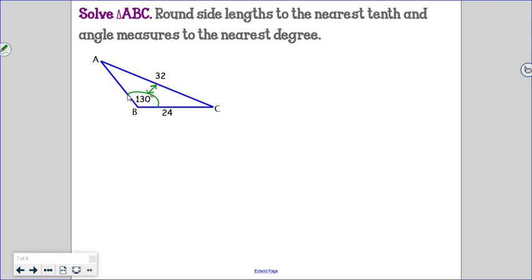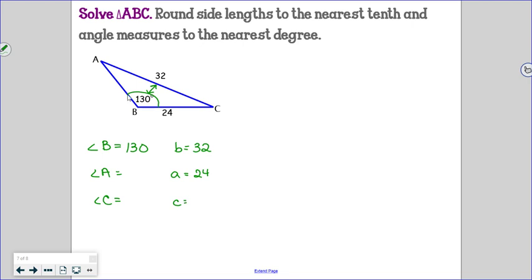Because that is there, we know we can use law of sines as an option. But if we compare this to what we saw earlier, remember that our list of things we are trying to find, notice the difference this time.